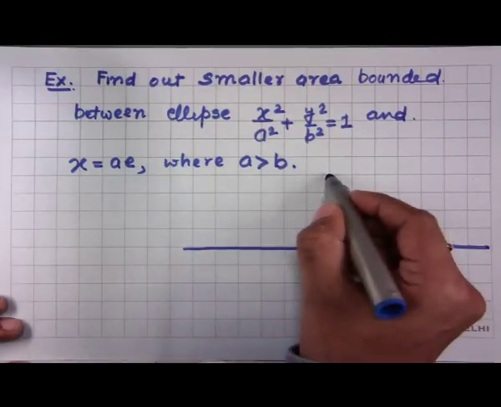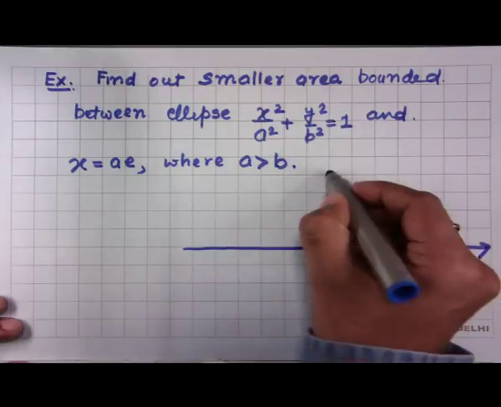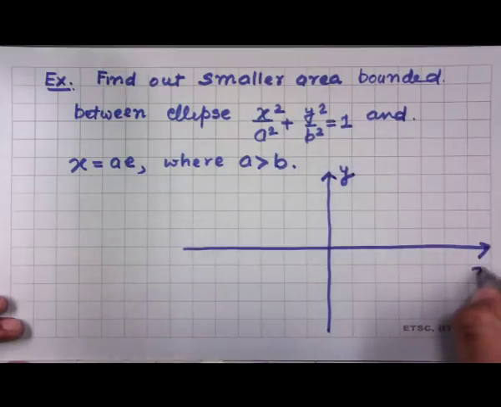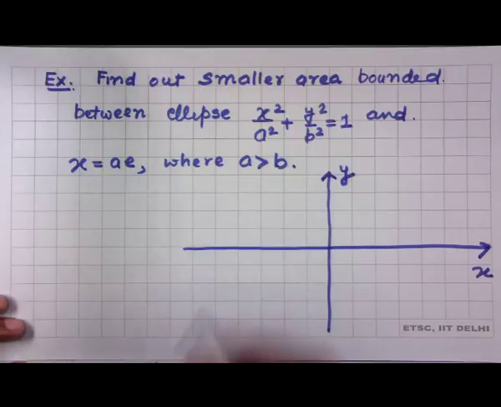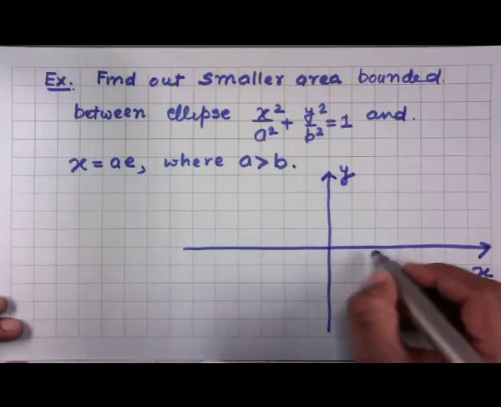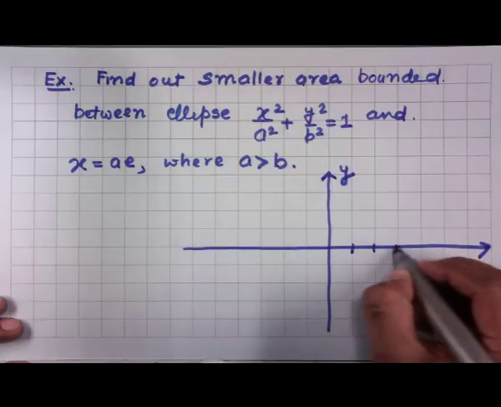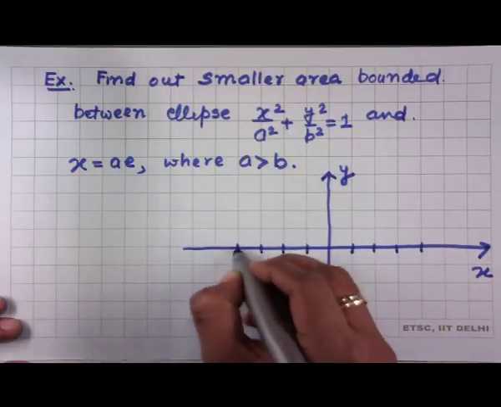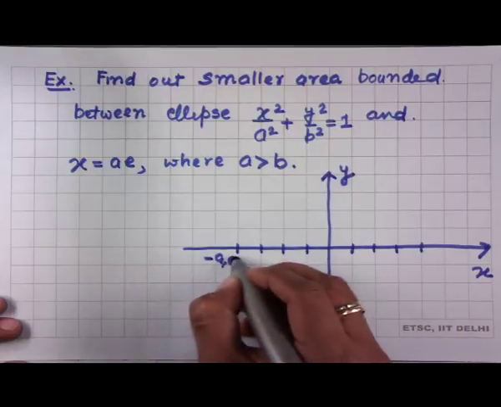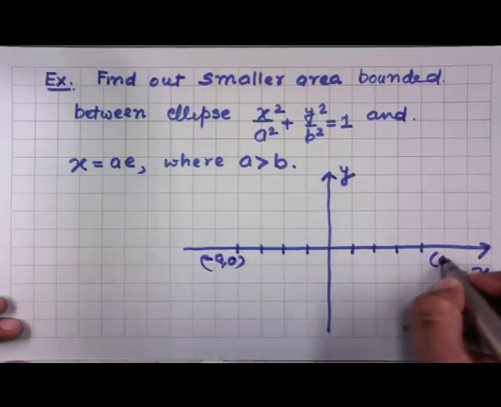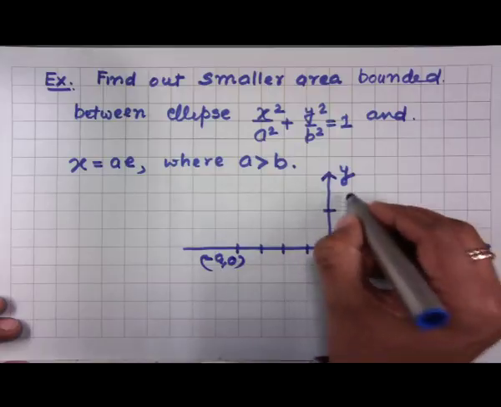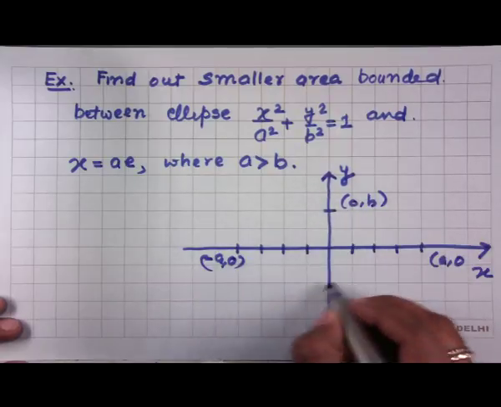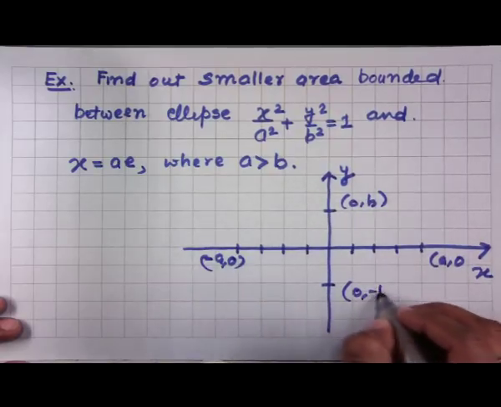If this is your x axis and this is your y axis, then since a is greater than b, let us say that this point is minus a comma 0 and this point is a comma 0, and this is 0 comma b and this is 0 comma minus b.